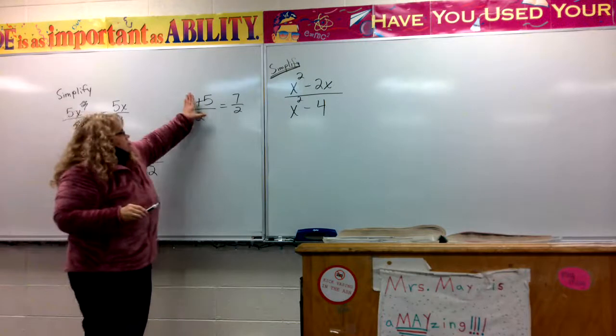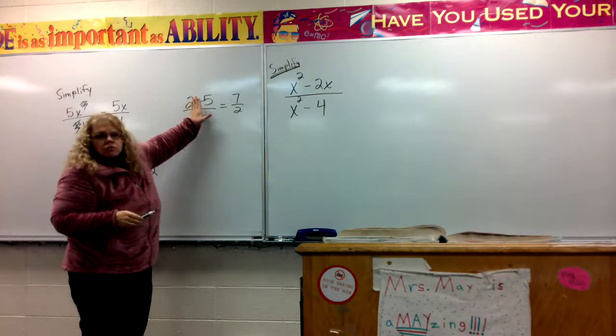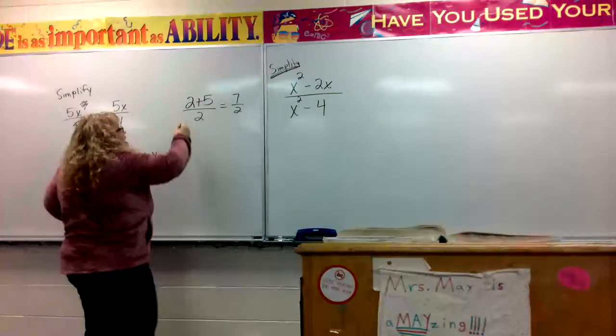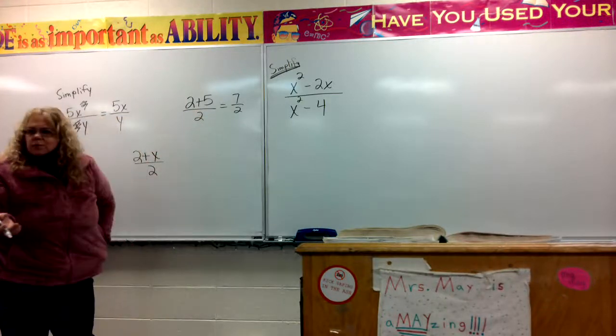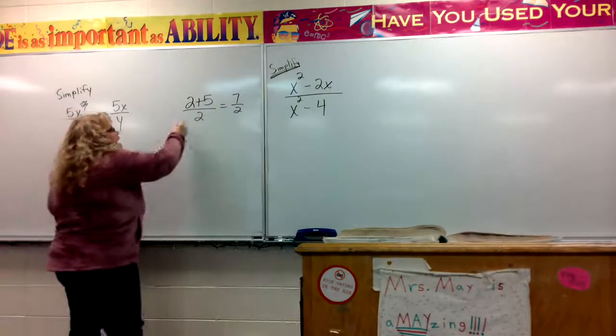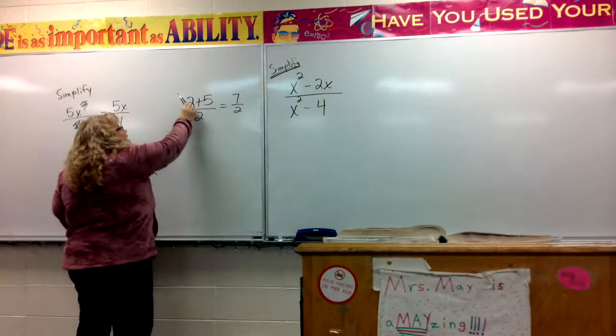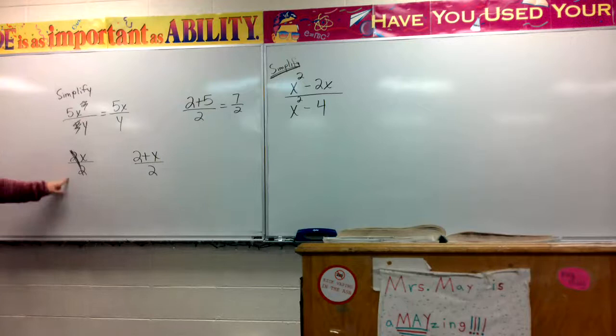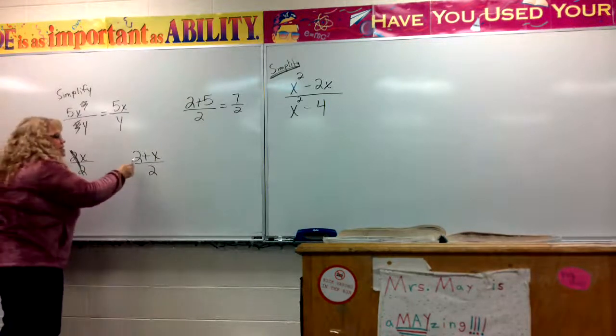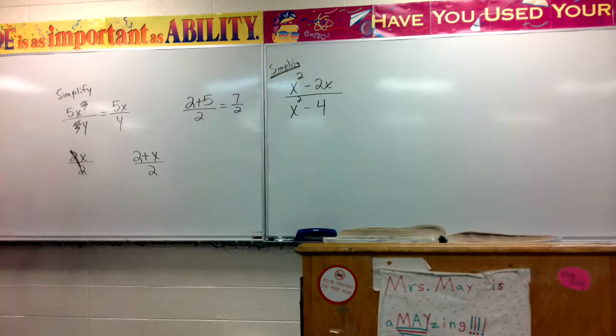If you cancel those, are you going to get 7 over 2? No. So you cannot, when it's adding or subtracting would be the same thing. When it's adding or subtracting, you cannot cancel. You can if it's multiplying, but not if it's adding or subtracting.